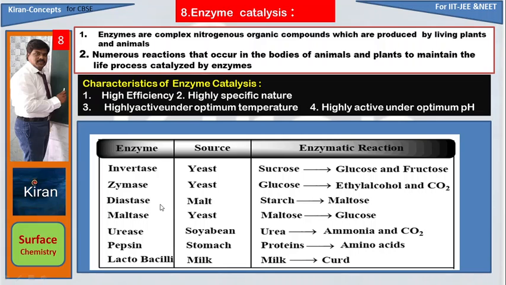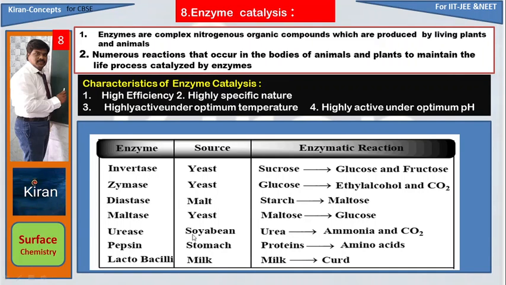Diastase enzyme converts starch into maltose, and malt is the source of diastase. Maltase, whose source is yeast, converts maltose into glucose. In the same way, urease is one of the enzymes which converts urea into ammonia and carbon dioxide.